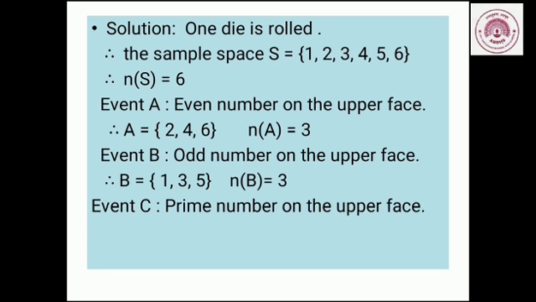Event C, prime number on the upper face. Now we have to check how many numbers from sample space S are prime numbers. The prime numbers are 2, 3 and 5 and therefore C equals {2, 3, 5} and n(C) is equal to 3.